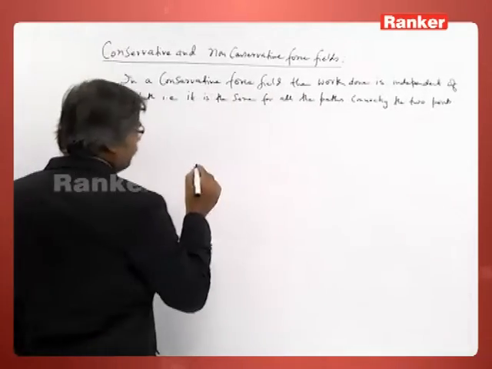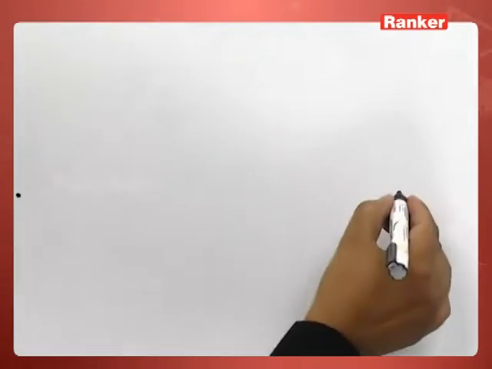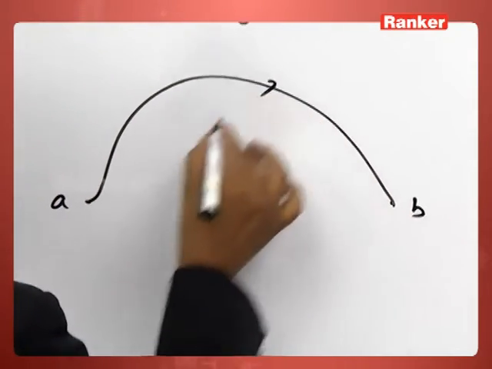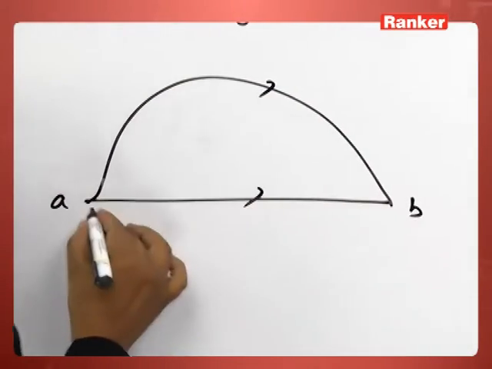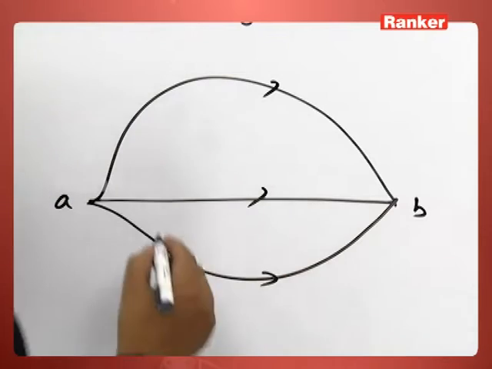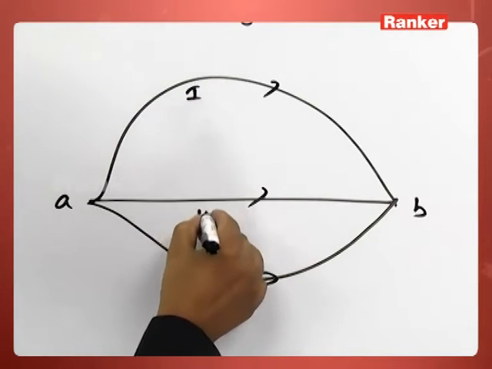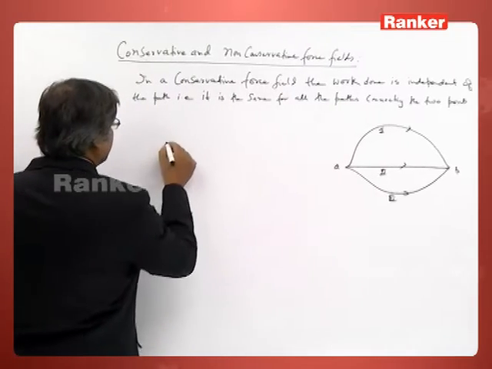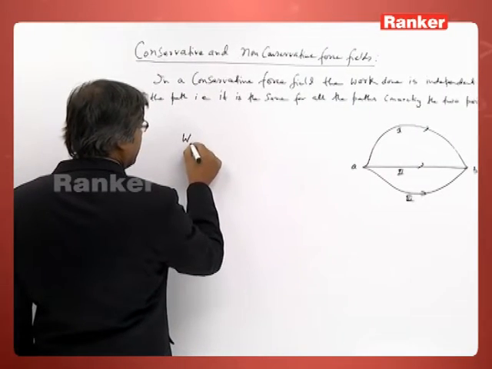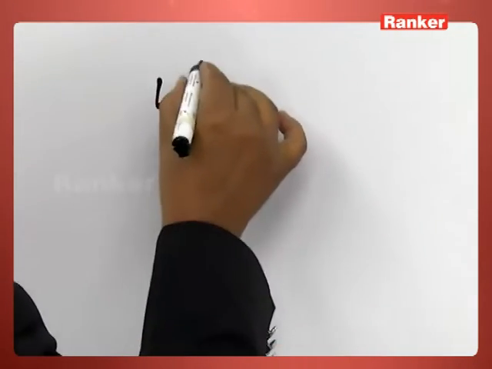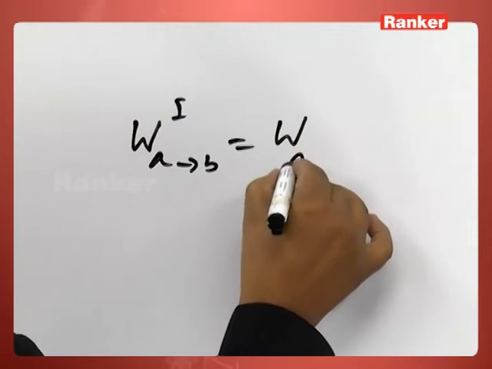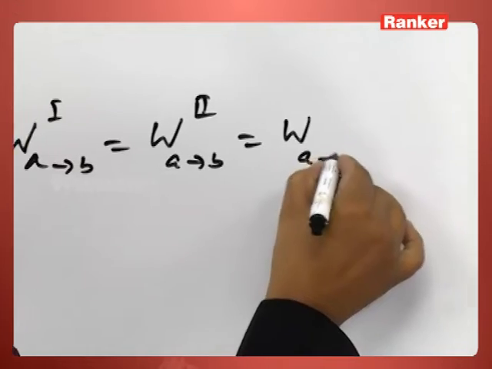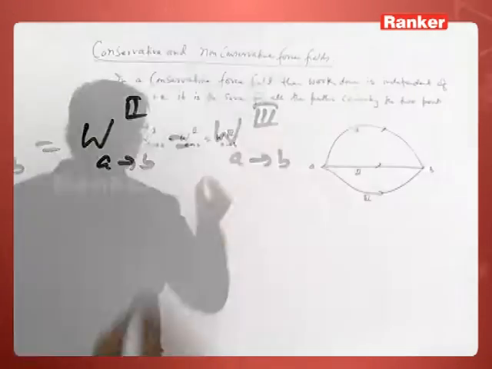That means if I have to move from A to B and I have selected this path and this path, I say this path is 1, 2 and 3, then the work done from A to B by path 1 is equal to work done from A to B by path 2 is equal to work done from A to B by path 3.